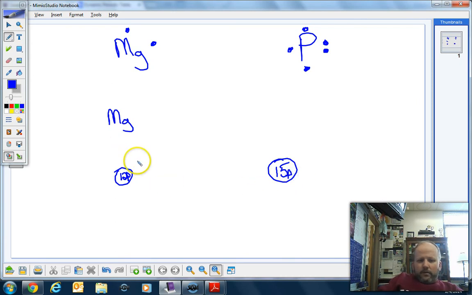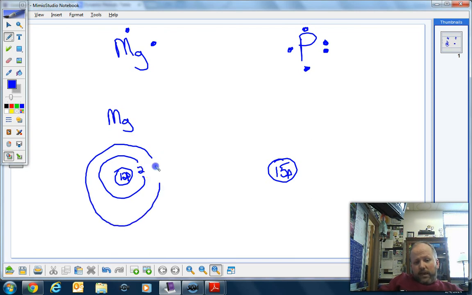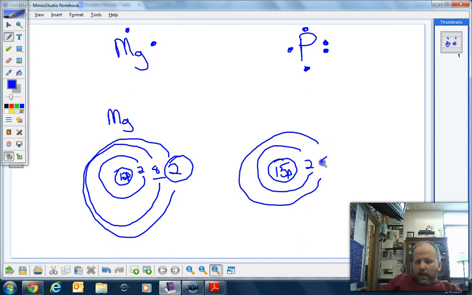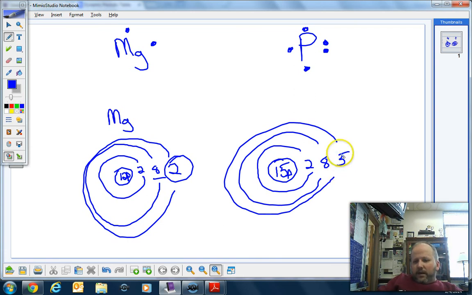So our energy levels would be 2, 8, 2. That's why we know it has 2 valence electrons, right there. If those 2 valence electrons go away, its new energy level will be 8. Okay, phosphorus has 2, 8, and 5.